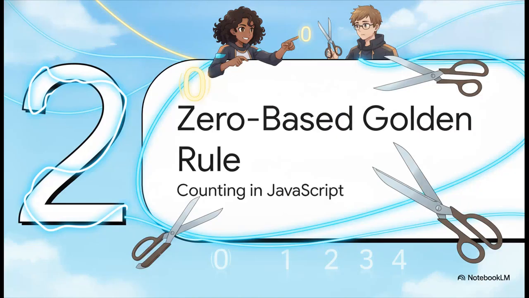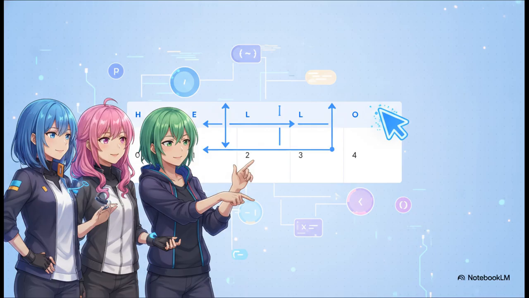Part 2, the zero-based golden rule, counting in JavaScript. Right, before we start wildly cutting into strings, we absolutely have to understand how the JavaScript environment counts. Because if you don't understand this, your tools are going to cut in all the wrong places. Take the word hello, for instance. As humans, we look at the letter H and say it's the first letter, which means it's number 1, right? But JavaScript is zero-based.